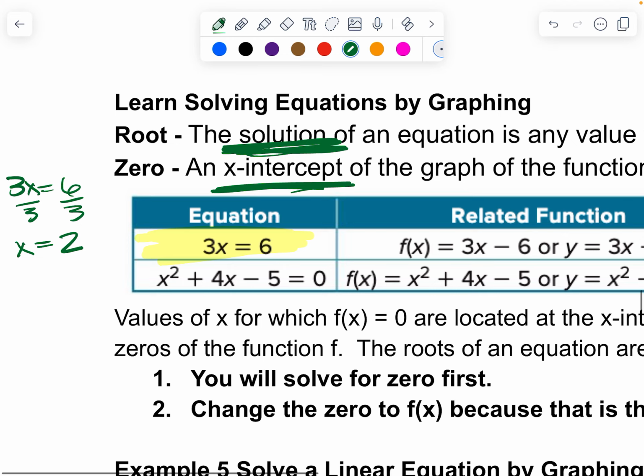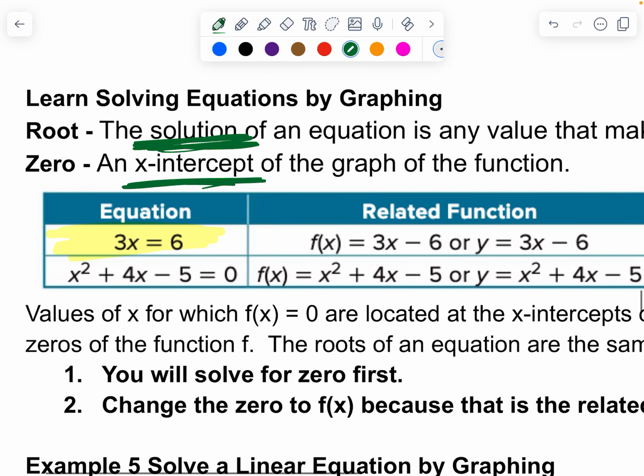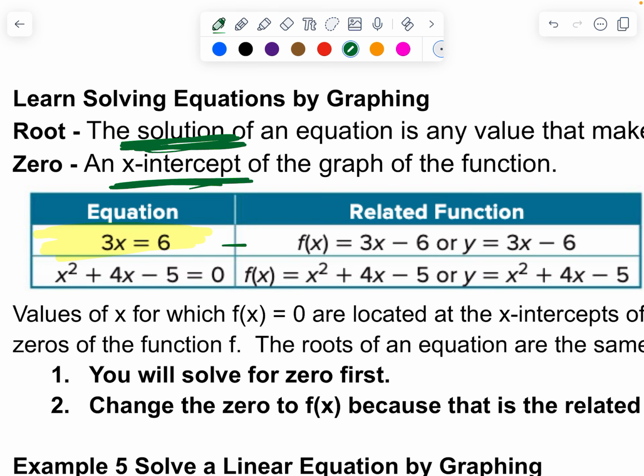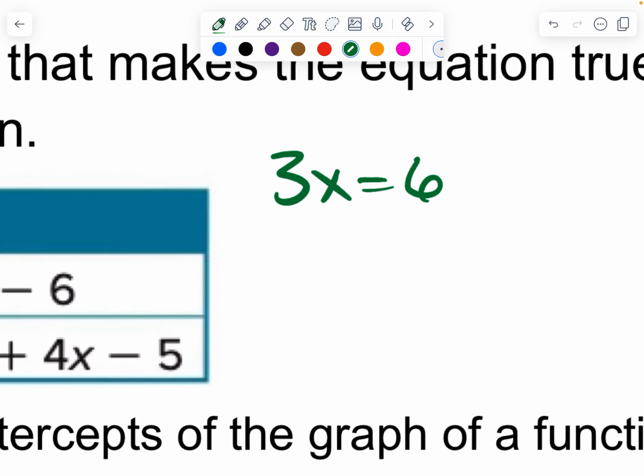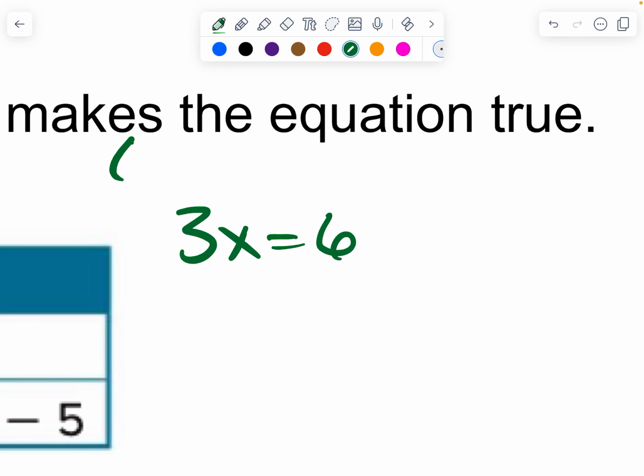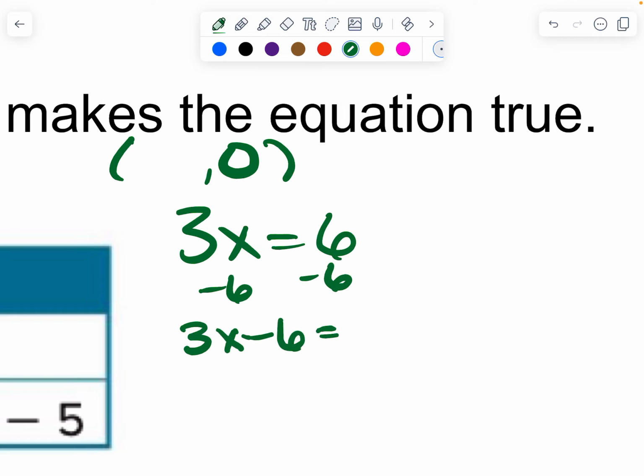But when we're dealing with related functions, it needs to have a y equals or an f of x equals. So what we're going to do is take the same equation right here, and because it's talking about the x-intercept, that means the y value is 0. So we're going to solve so that we get 0. I'm going to subtract 6 from both sides and get 3x minus 6 equals 0.